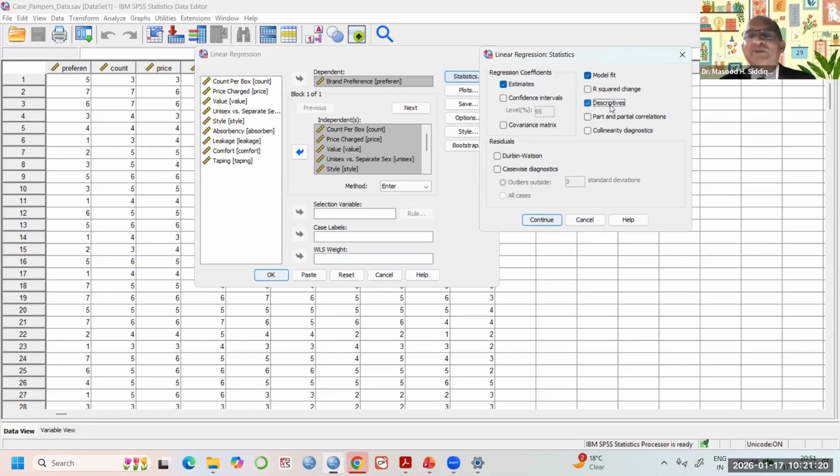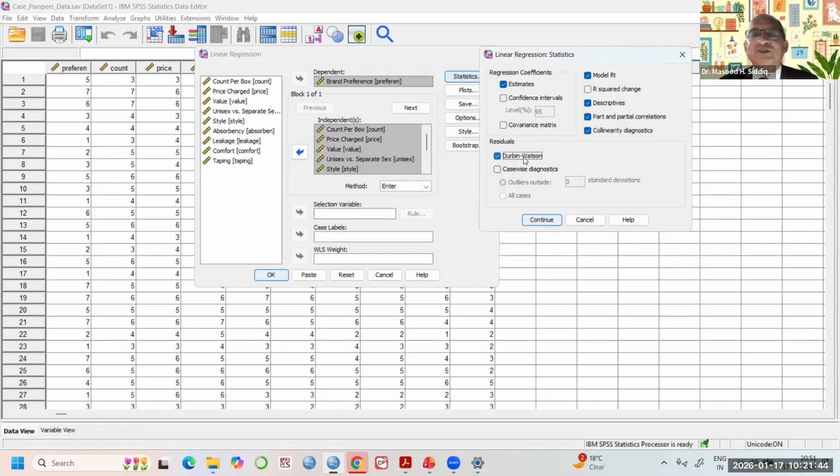Then we have the descriptives, which give us the basic information about these features. Part and partial correlation may be used for checking a particular assumption, that is known as multicollinearity. We will be discussing that later on. Collinearity diagnostics is also used to examine multicollinearity.